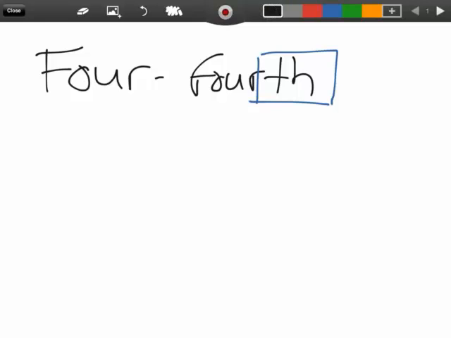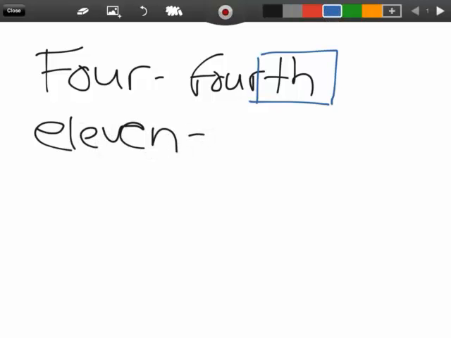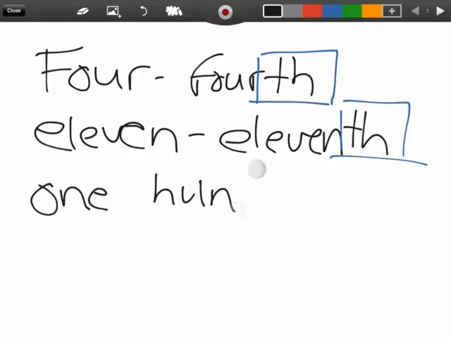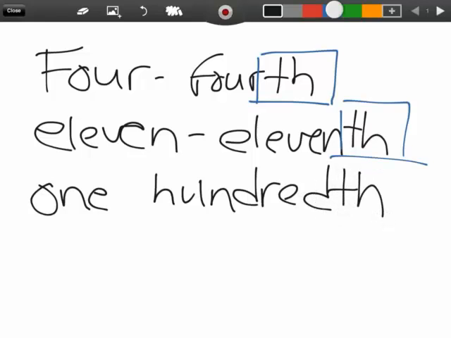Let's say I'm going to say 11. I would say 11th. I would just add a th to the end of it. For example, if I wanted to say 100th, I would just add a th to the end of it.